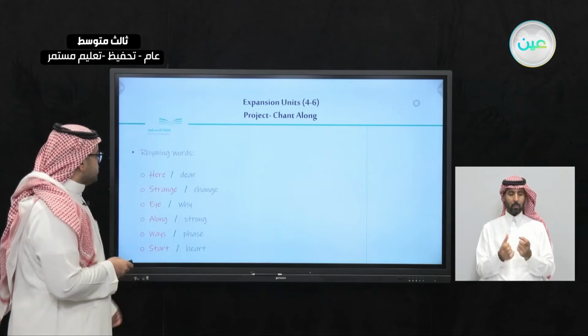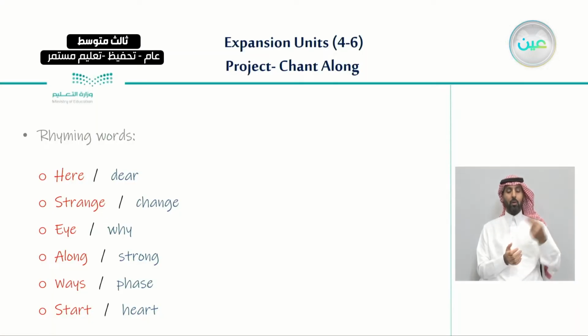The first word we have is here, and the word that rhymes with it is dear. Here, dear. The second word we have is strange, which rhymes with change. Strange, change.